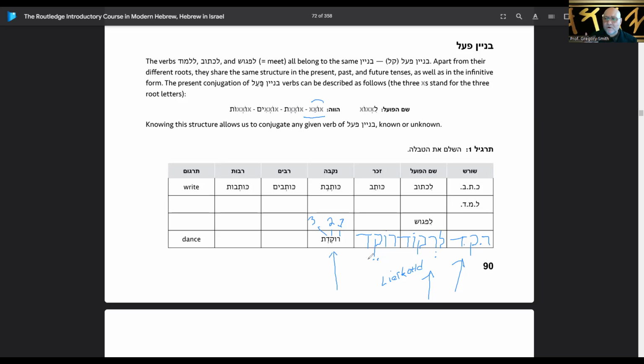Okay, so in other words, for the zachar, it would be I am dancing. Ani roked. I am dancing. Okay, they've given us the feminine, rokedet. If you were to say hi rokedet, she is dancing, that covers the nikva. Now, what about the rabim? Okay, remember, that's this form, that's this pattern here.